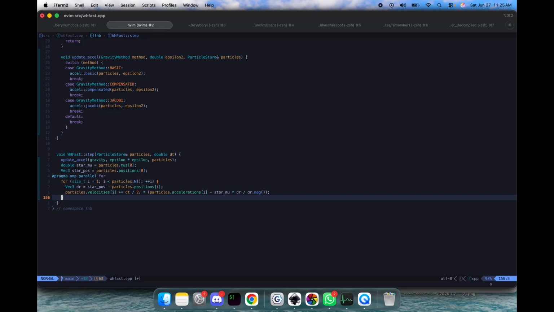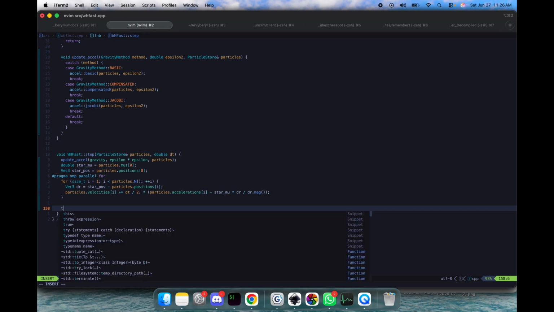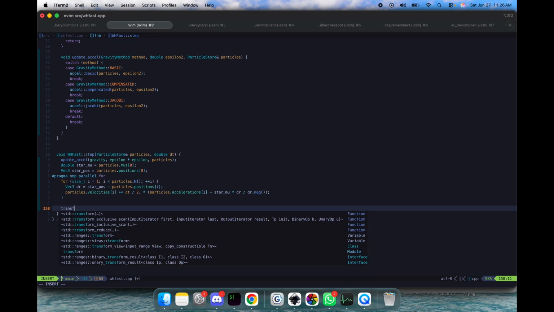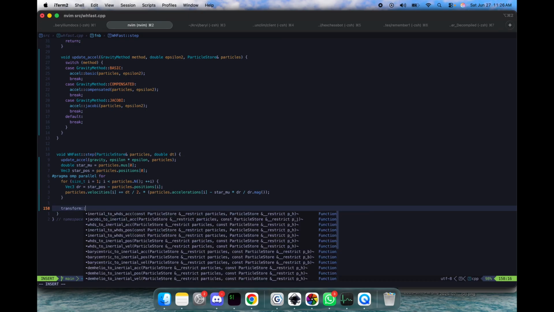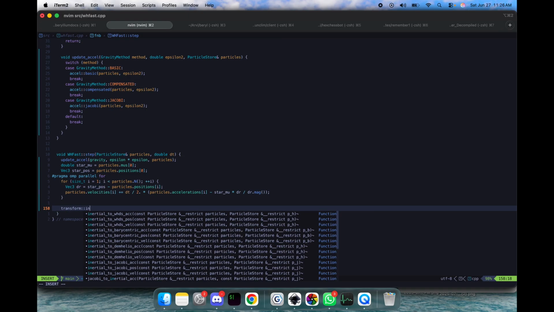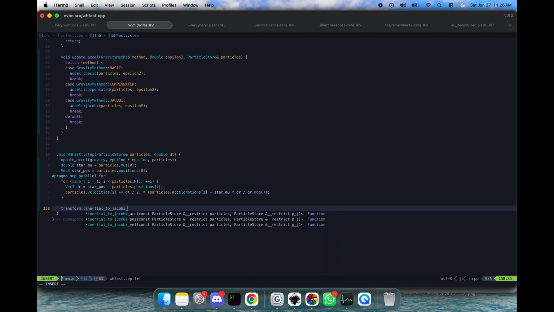I already coded that, so that's pretty good. The problem is for the Kepler solver. I do not know how to do that properly, quickly. Yeah, okay, so this. What was it again? Transform. That would be inertial to Jacobi. Yeah, you have to convert positions.